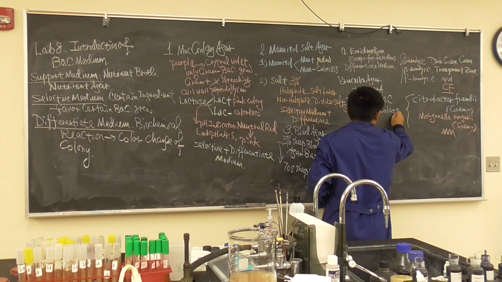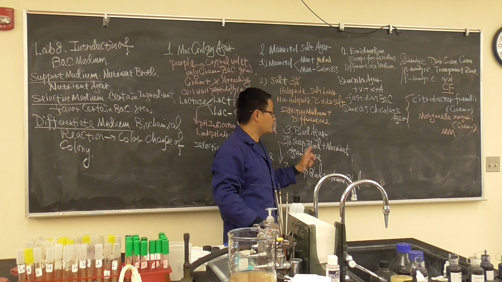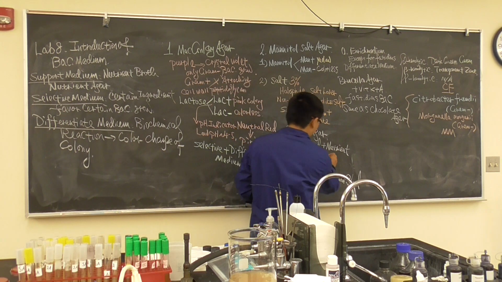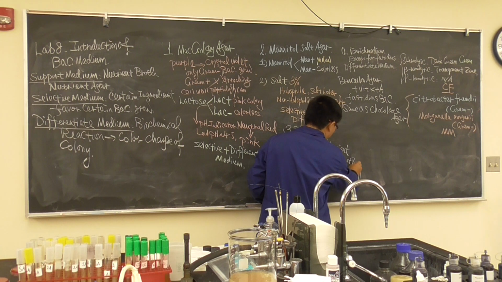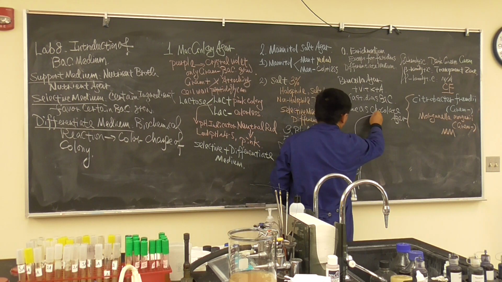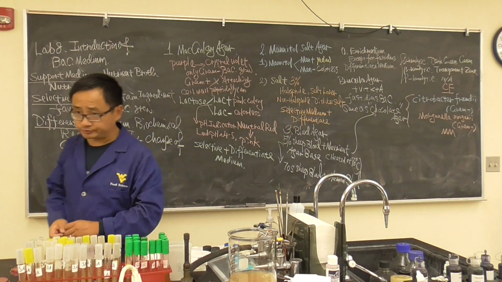And remember, we talked about chocolate agar. What is chocolate agar? It is 5% sheep blood and nutrient agar base. We heated it at 70 degrees Celsius, then it looks like a chocolate color. So we call it chocolate agar.